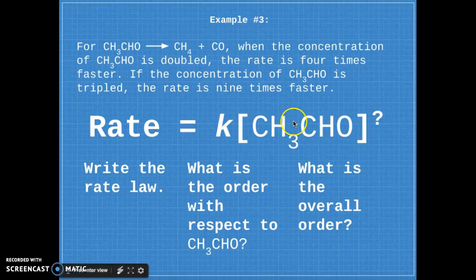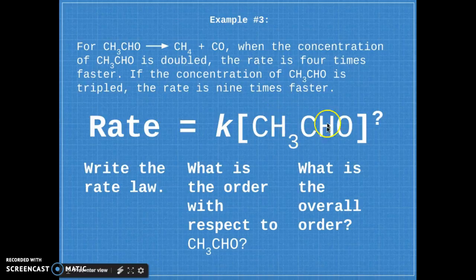So again, imagine that you could take the formula out of these brackets and replace it with the number 2 because it tells us that the concentration is doubled. So if this was a 2 and then the rate is 4 times faster, this would be a 4. And then we ask ourselves, what does that exponent have to be to make that sentence mathematically true? Or you could use the second piece of information.